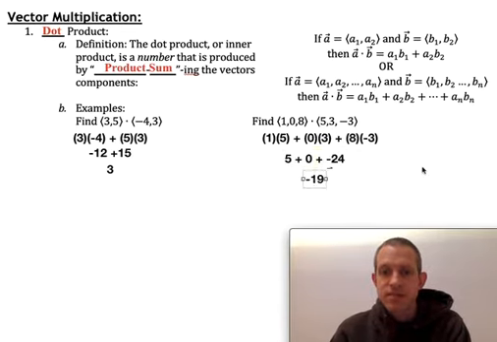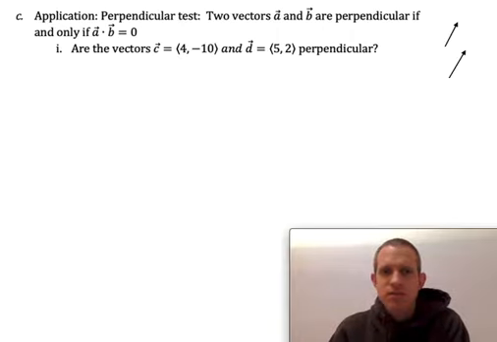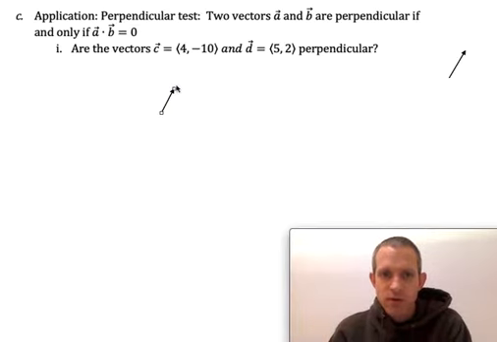Now, one of the reasons why we find the dot product of two vectors is it gives us a way to tell if those two vectors are perpendicular. So, first question says, is the vector (4, -10) and (5, 2) perpendicular? Let me try to draw that for a moment. (4, -10) we could interpret as going 4 steps over in the x direction and 10 steps down in the y direction.